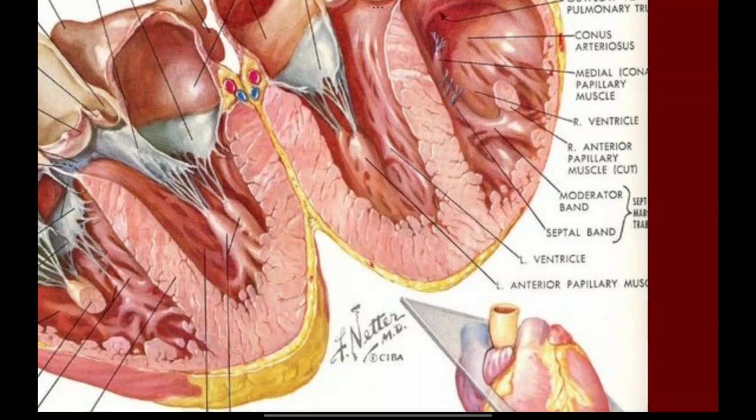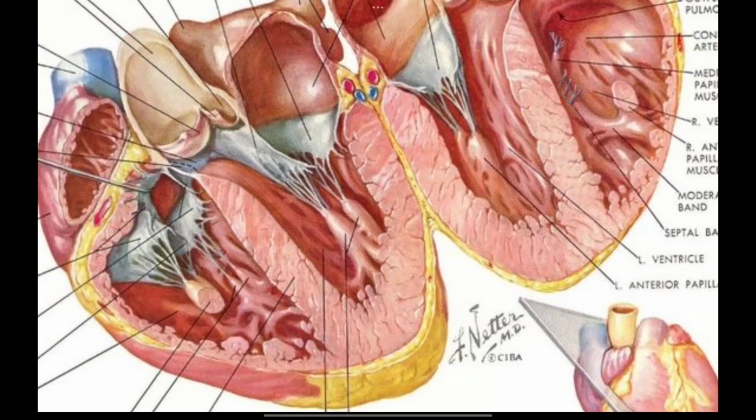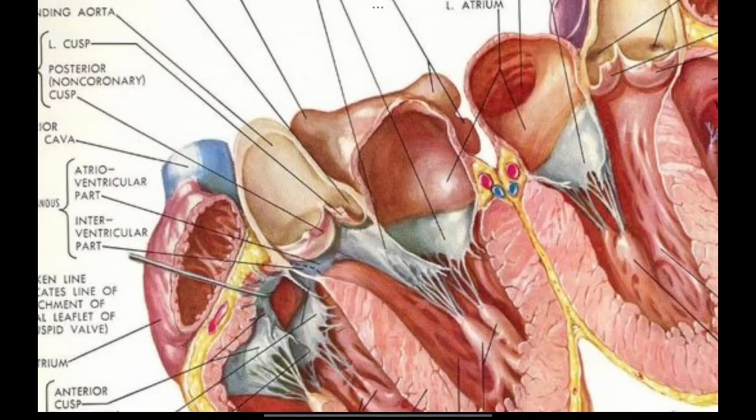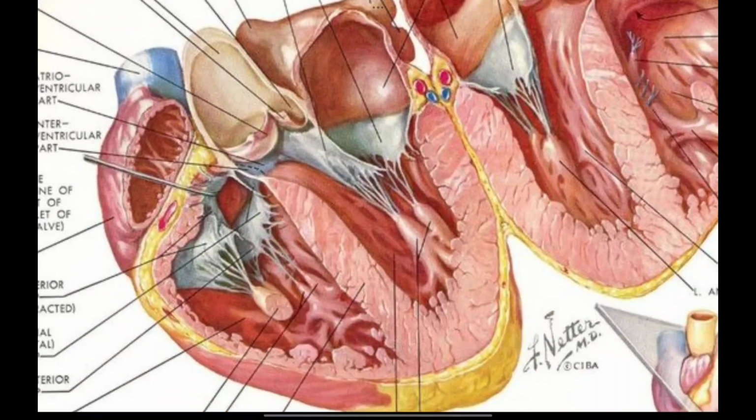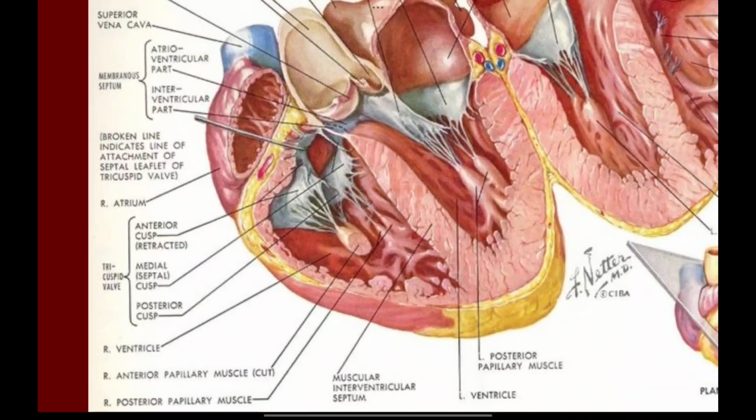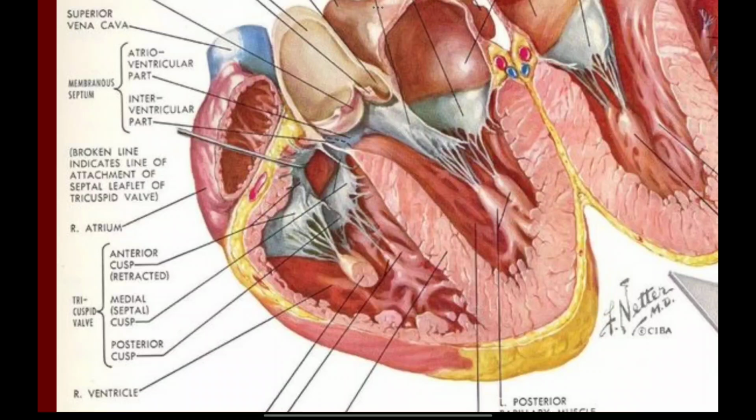The left ventricle opens into the aorta, which has three semilunar valves. The oxygenated blood received from the lungs is pumped out from the left ventricle into the aorta and then to the body. You can see a thick muscle separation between the right and left ventricle, called the interventricular septum. So these are the different main structures of the heart.